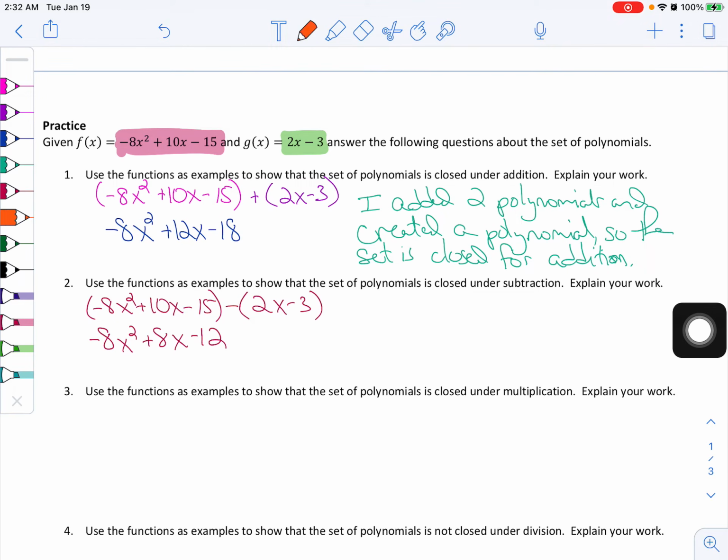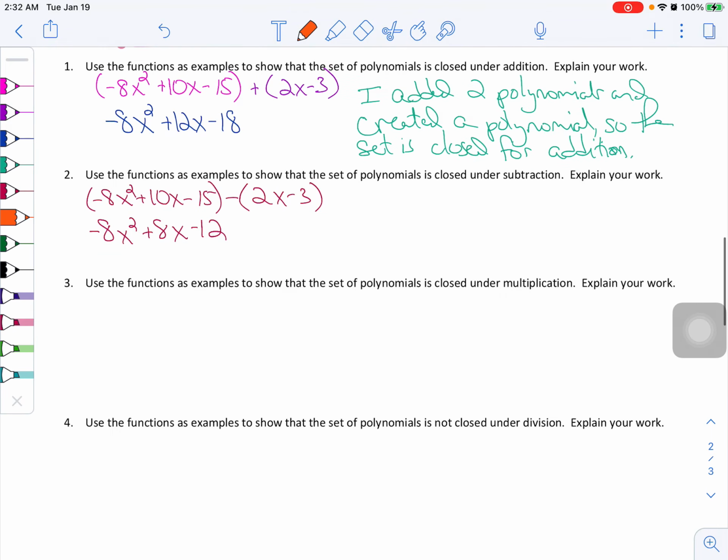All right. Problem number 3, use the functions to show that the set of polynomials is closed under multiplication. So negative 8x squared plus 10x minus 15 times 2x minus 3. A little distributive property here.